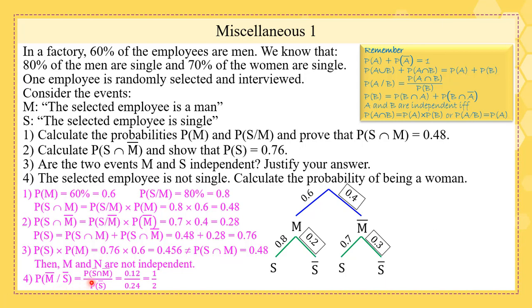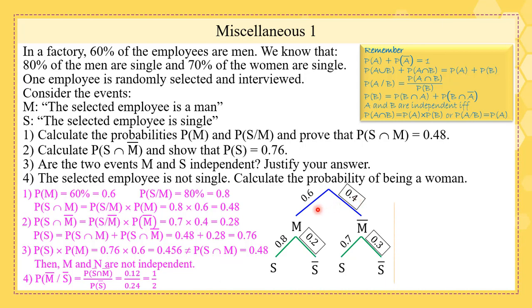We apply the property, and for S bar intersection M bar, we didn't calculate it before, but it is calculated directly from the tree. This is M bar, which is 0.4, and this is S bar. And the probability would be half. Well, notice here that when I put a frame around the number, this means that this number is not given, but I deduced it from the tree.